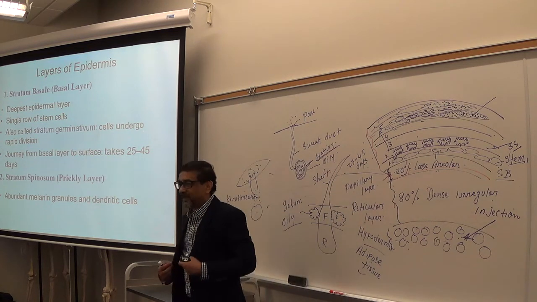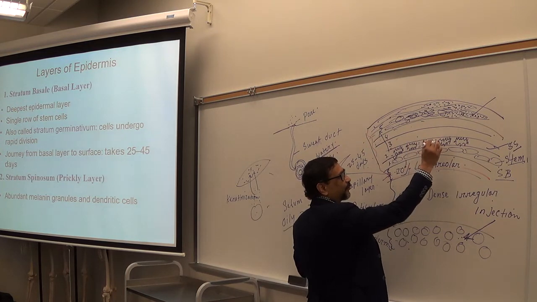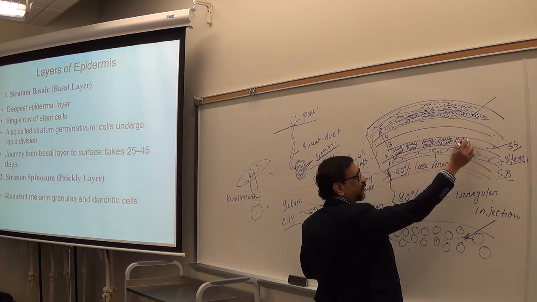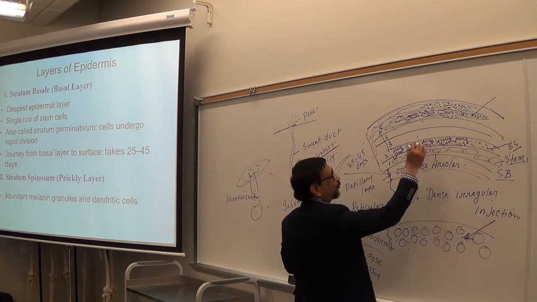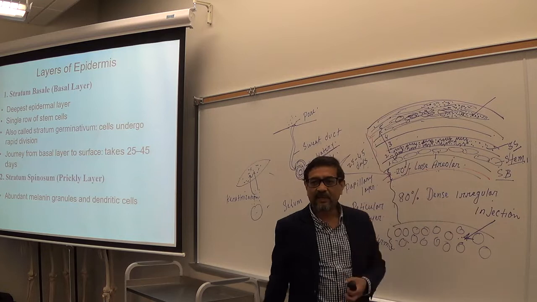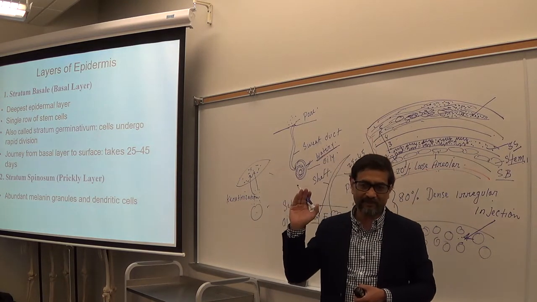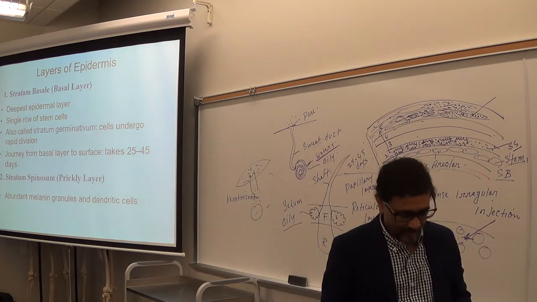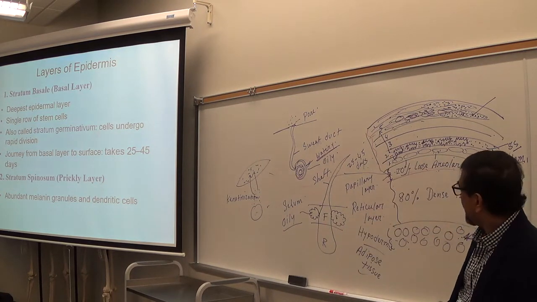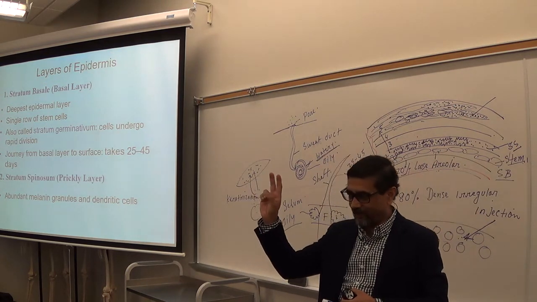Also, in this layer, you have plenty of melanin pigment. Plenty of what? Melanin pigment. Melanin is brown to dark colored pigment. Brown to dark. And I told you that melanin has how many functions?